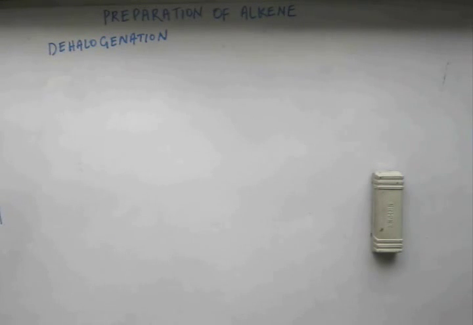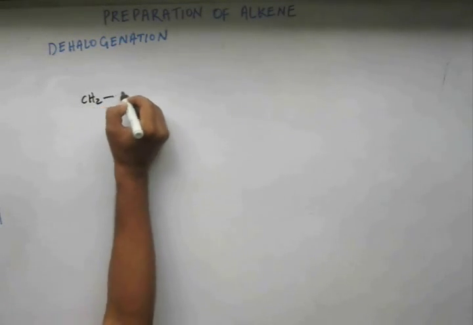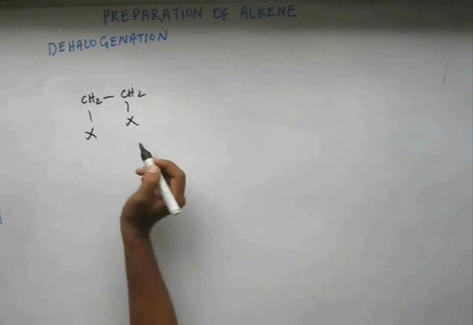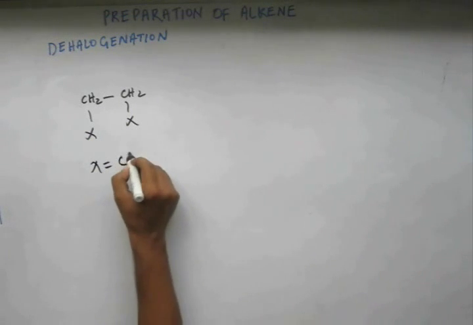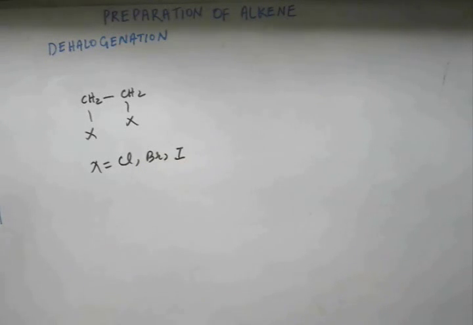Now the previous method was dehydrohalogenation, in which both hydrogen and halogen were abstracted. Now this one is dehalogenation, and from the name you can guess that only halogen will be removed from the substrate.